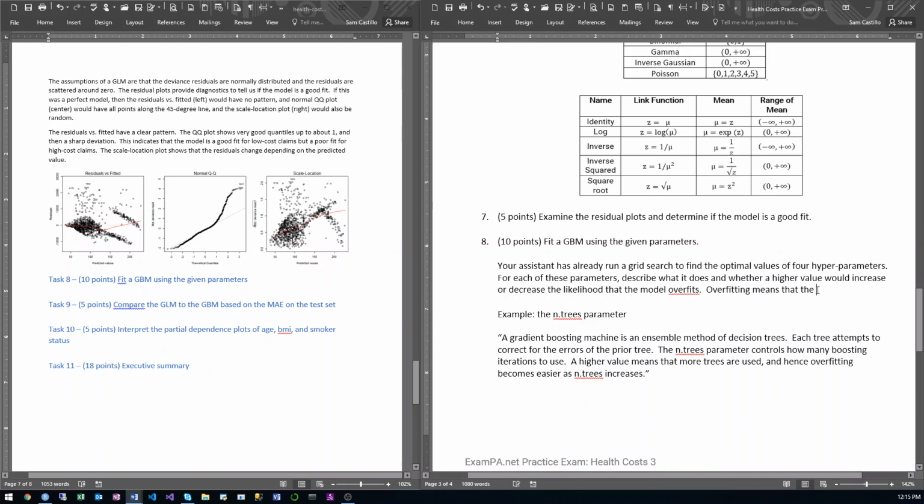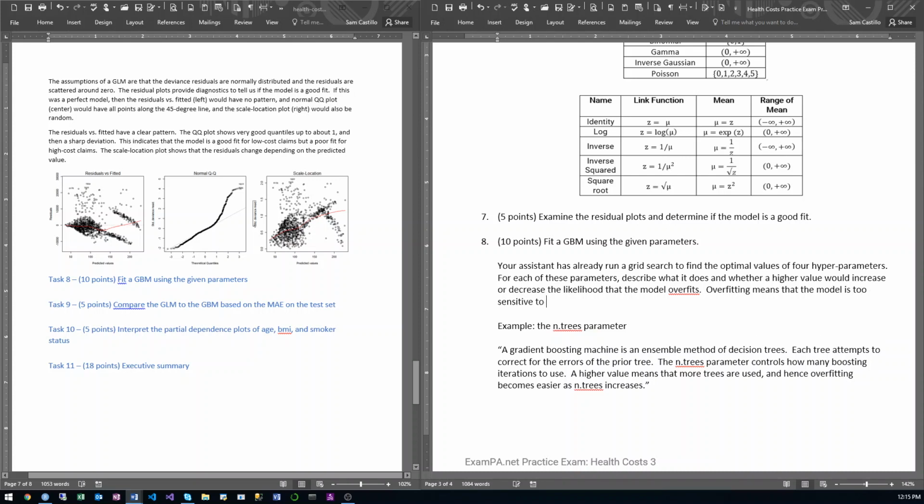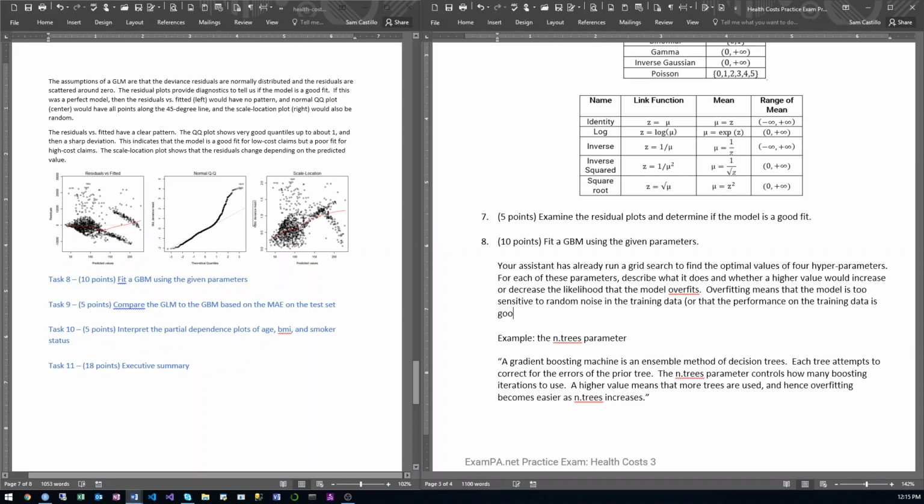Overfitting means that the model is too sensitive to random noise in the training data, or that the performance on the training data is good, but the performance on the test data is poor.